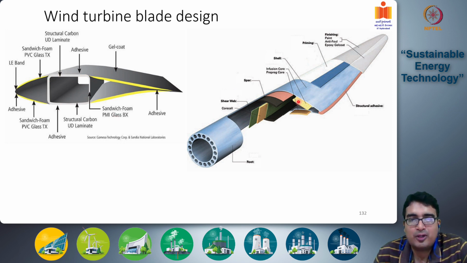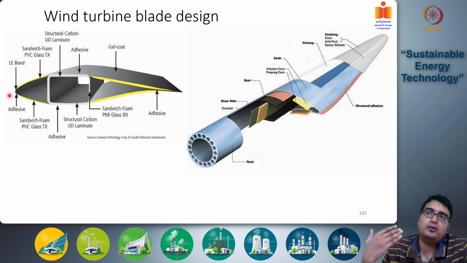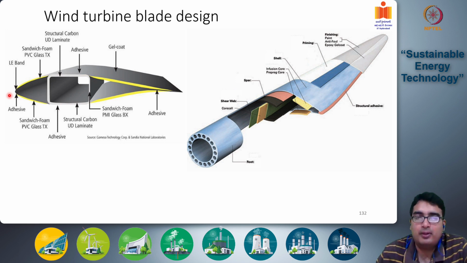If you look at the cross section, firstly it has an aerofoil structure. The structure of wind turbine blades is very similar to that of aircraft wings. It has an aerofoil shape to maximize the lift force that the wind turbine can generate.